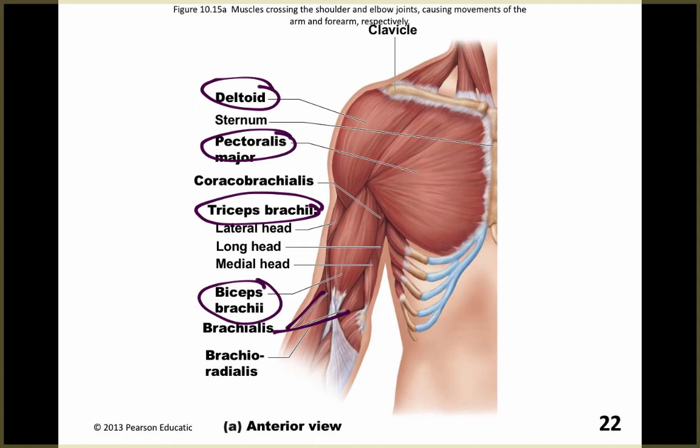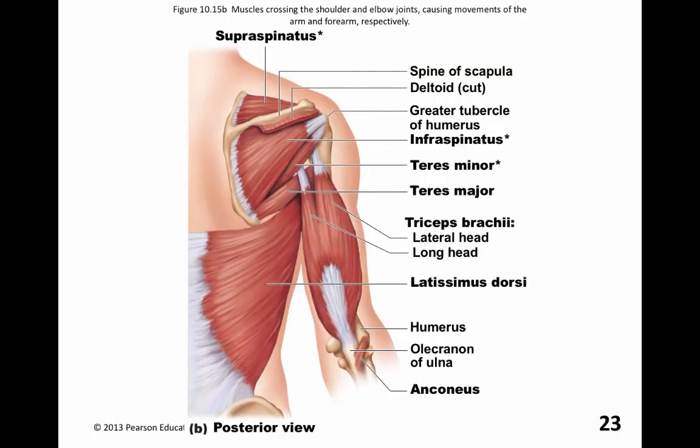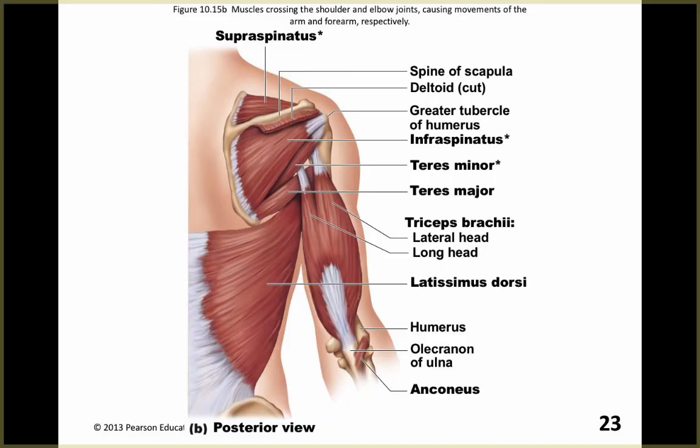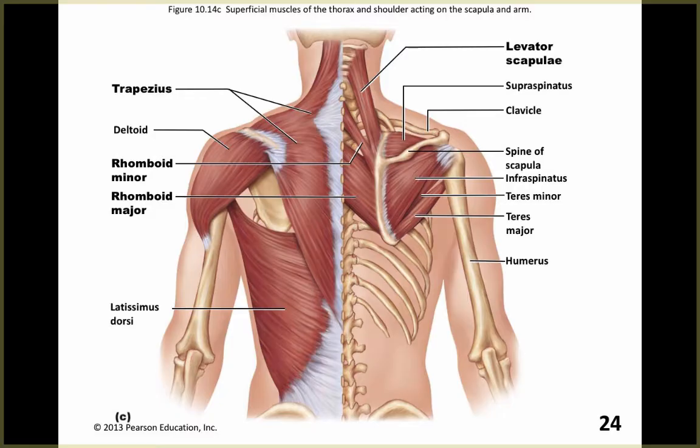Remember when we talked about our example earlier with the synergist, if you were wondering where that was located. This gives you a nice look at the triceps brachii, also the latissimus dorsi. In here, we have the trapezius.